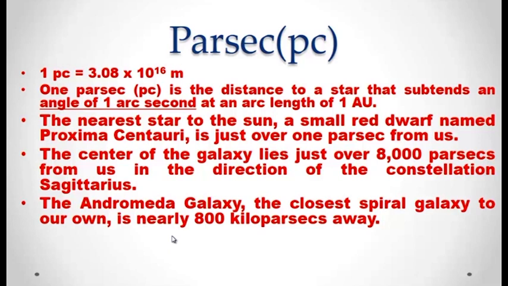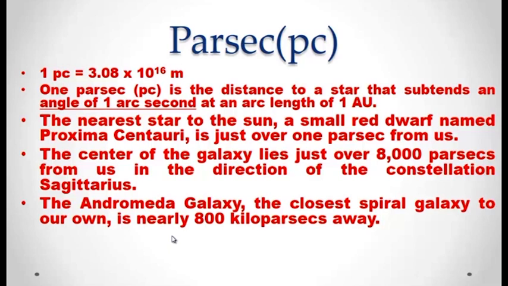The next largest quantity in astronomy is the parsec, parallax arc second. 1 parsec is equal to 3.08 into 10 power 16 meters. 1 parsec is the distance to a star that subtends an angle of 1 arc second at an arc length of 1 astronomical unit.